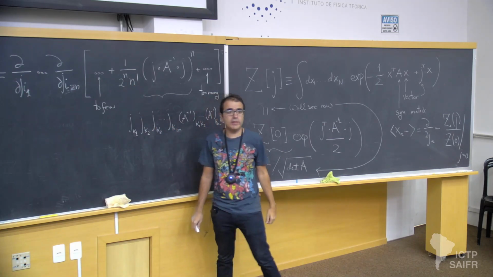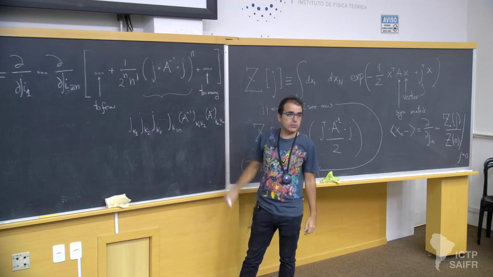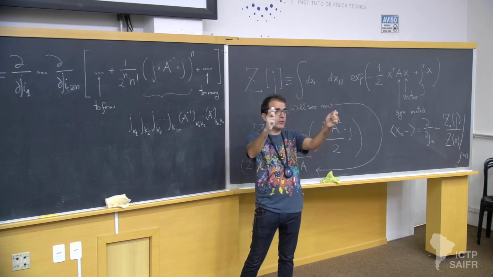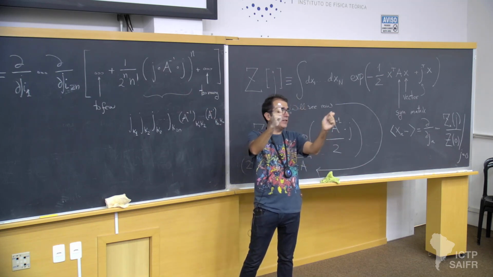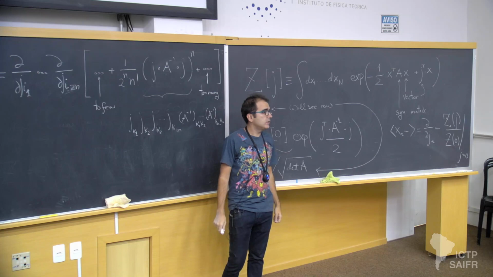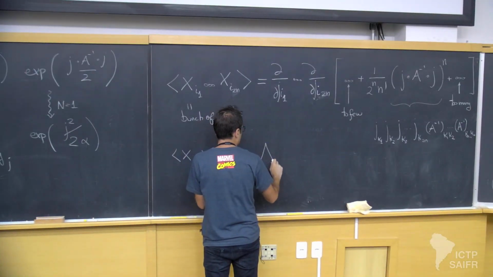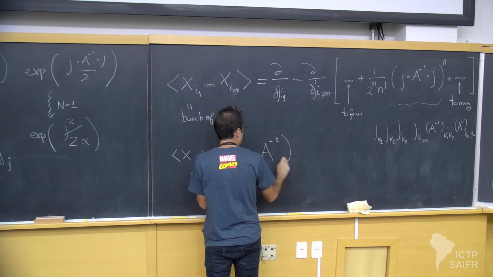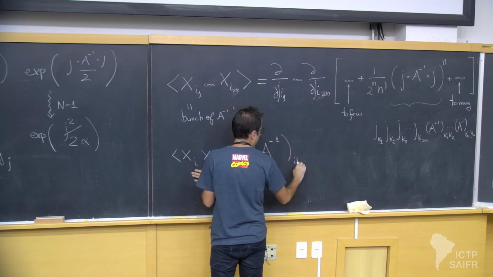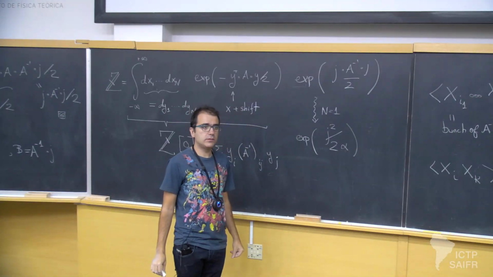N is equal to 1, right? So what happens with the derivatives when I act with these two derivatives? They just remove the 2 j's, and the derivative can act on the first or second j, so there is a factor of 2 that cancels this factor of 2. So you agree that this quantity is equal to the inverse of my matrix component ik.